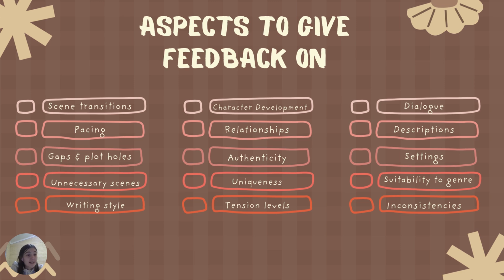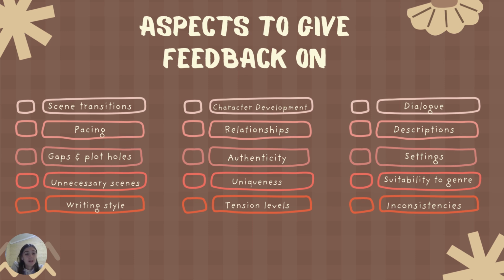Then you'll look at character development, the authenticity of characters, authenticity of their relationships, if their relationships feel natural. This is particularly important in romance books, and we'll have a look at this in some more detail coming up. We'll also look at uniqueness, so uniqueness of characters, uniqueness of the plot, and things like that.